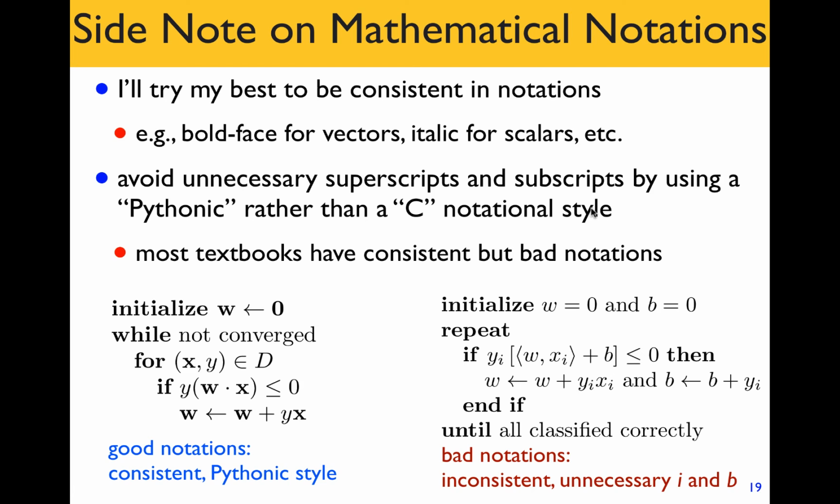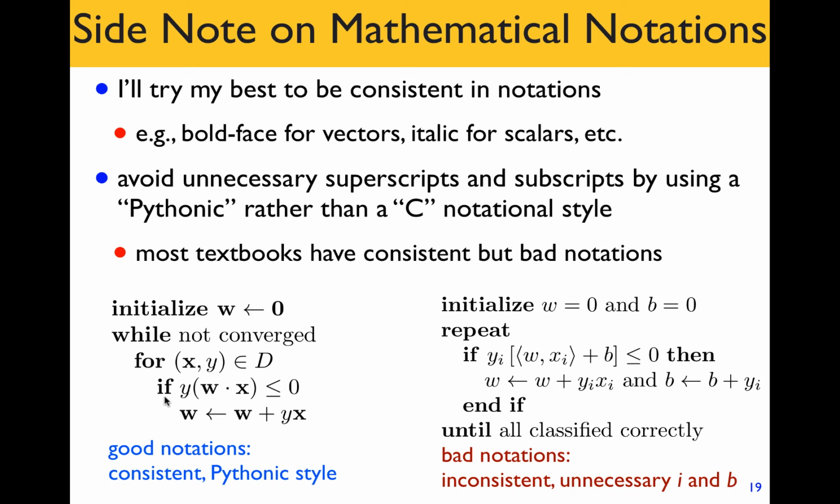This is a relatively new mathematical style because most textbooks and most papers do not use it. Most textbooks, at least, are consistent. Papers sometimes are not consistent, but most textbooks are consistent, though they use overcomplicated notations. Let's compare this version of the Perceptron from a textbook with this version from our slides.